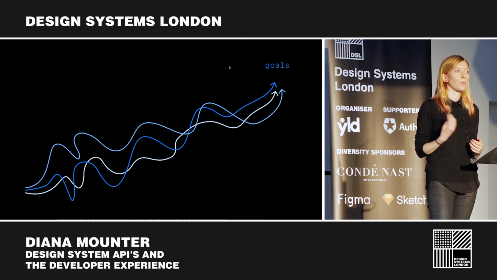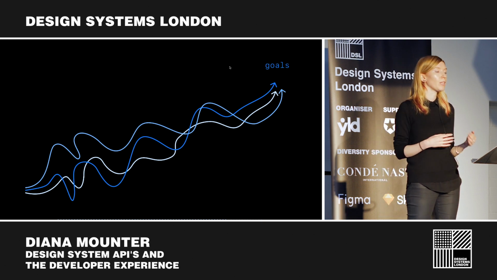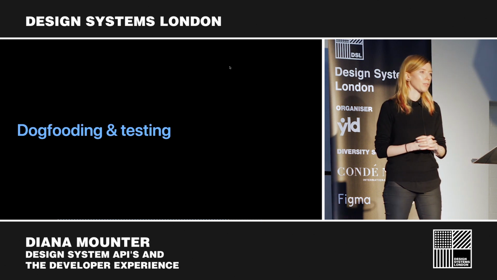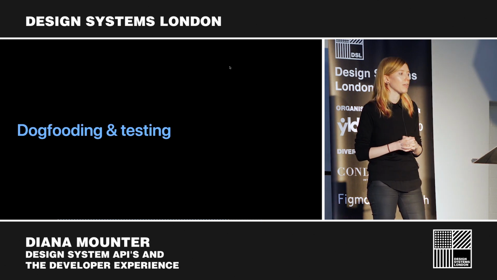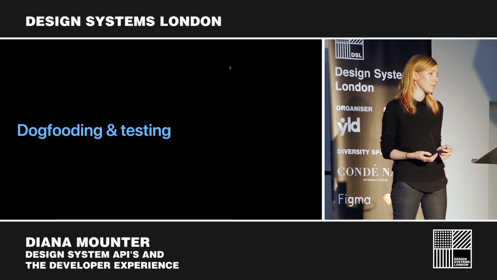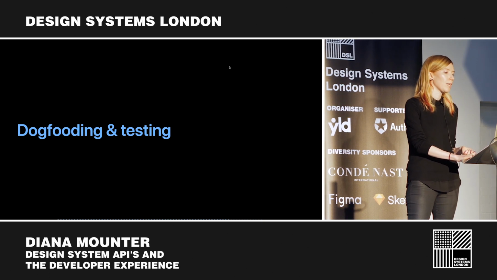So having regular in-person check-ins to discuss that, to make sure you're heading in a direction and learning where you need to make changes, is really, really important. We also did a lot of dogfooding and testing on our own, to use our own design system so that we're making sure that it did feel like a good experience.